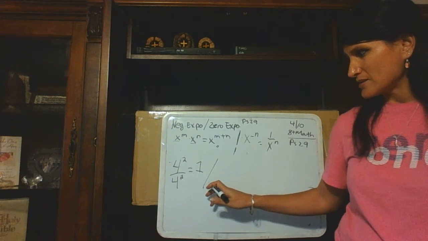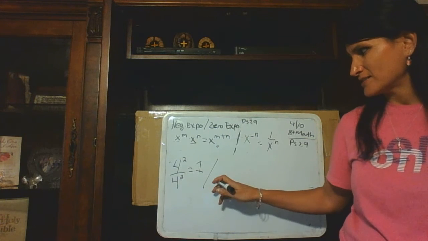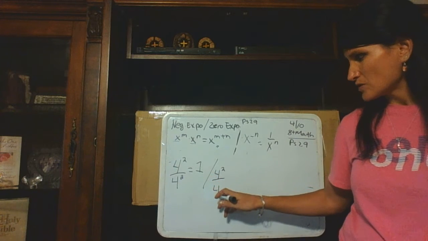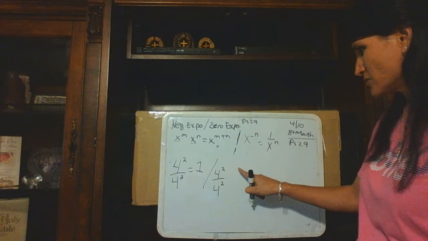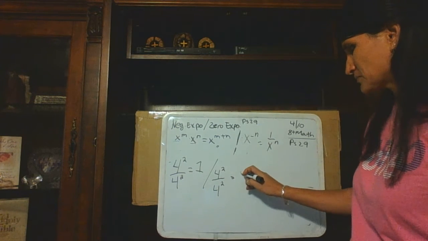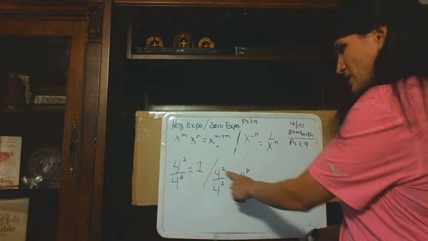Why that's important for us is because it's going to help us to understand a concept, okay? The zero exponent concept. If I were to take 4 squared over 4 squared, and this time I were to take the 4 squared and move it to the numerator, this would look like this. It would say 4 squared right here.